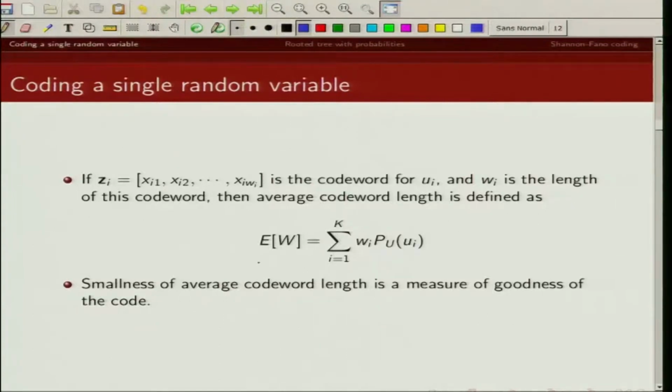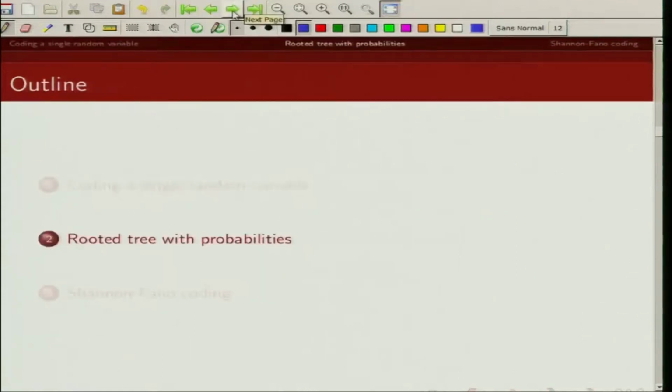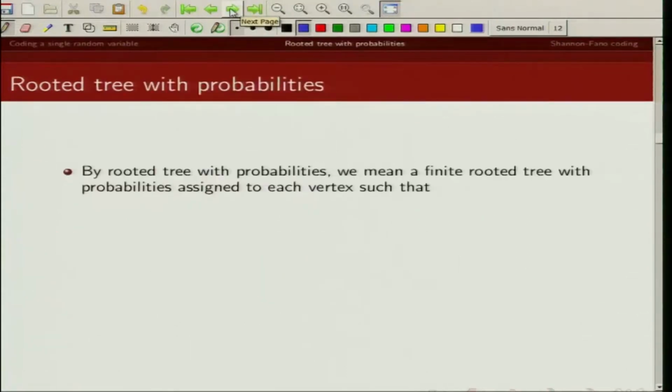To get a bound on this, we will require some results, some lemmas and some proofs. So we will build up those results, and then we will derive the expression for the lower bound on the expected value of w. So we will define what is meant by a rooted tree with probability.